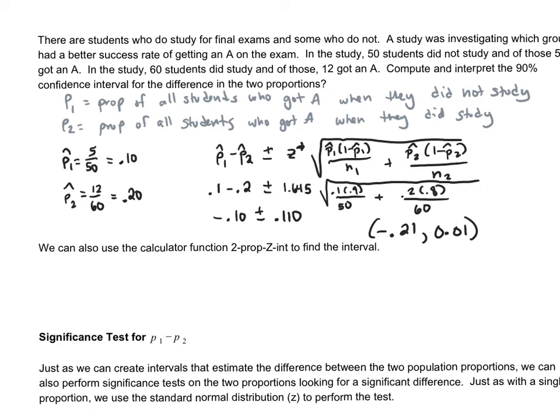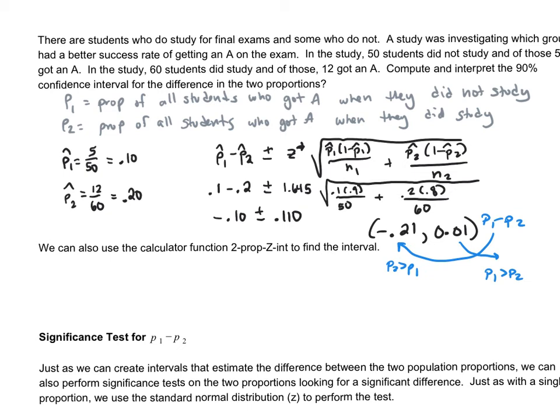So let's talk about what we found. I mean, this is fine. These are great numbers, but it doesn't really talk about what it is. Now remember, this is estimating P1 minus P2. So in this case, in this number, since it's negative, we know P2 had to be bigger than P1. But on this number, it's slightly positive, so P1 is just a little bigger than P2.